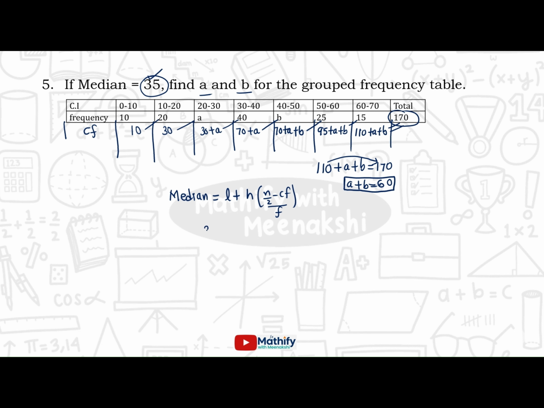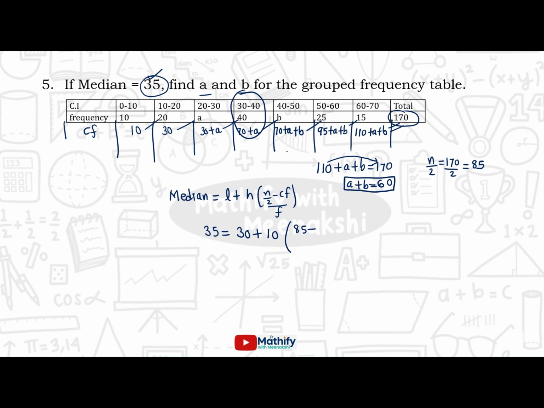Now 35 is equal to, first, its median is 35, so that means this is your median class. So you can write L is lower limit of median class and h is class size of median class. Now n by 2. Here your sum is 170, so that means n by 2 is 170 by 2.